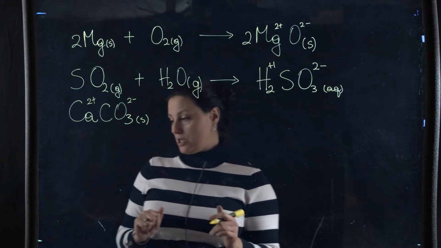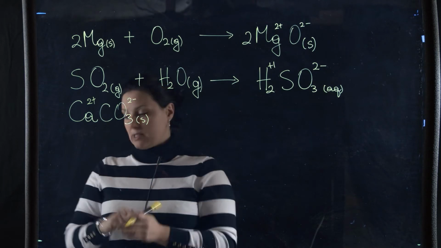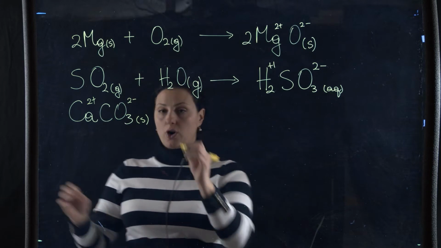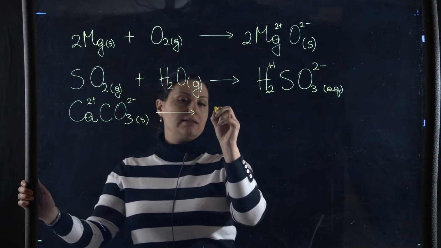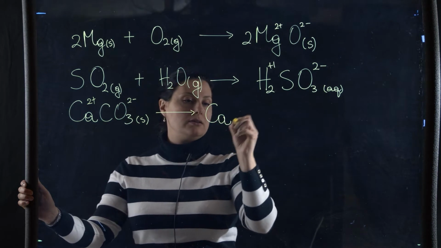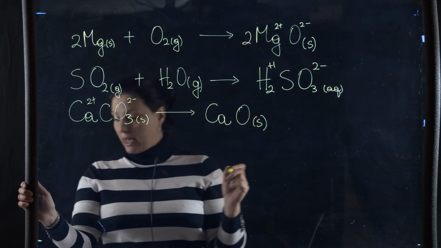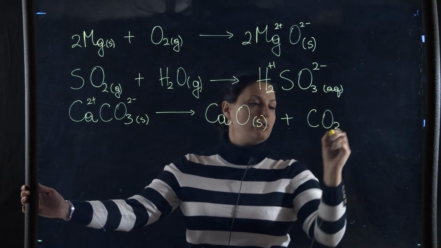I don't need to change anything. I don't need to manipulate the subscripts. Solid calcium carbonate reacts to form, so it breaks down and forms, solid calcium oxide, and that's a solid, and carbon dioxide gas, CO2.